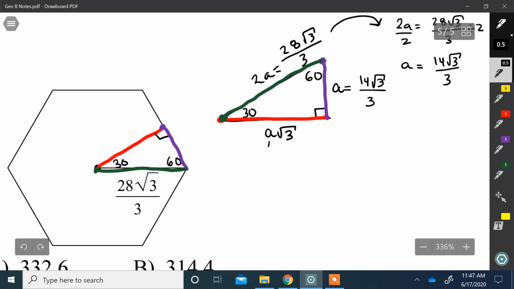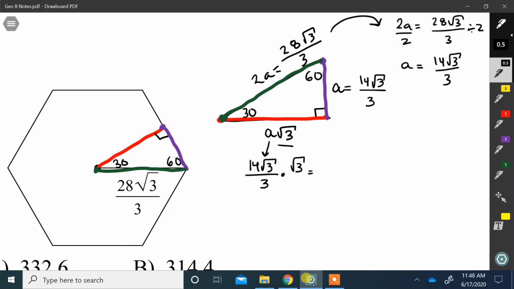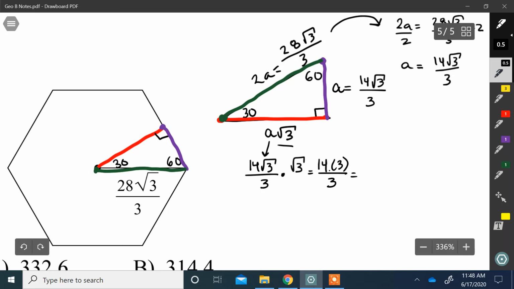The a here, we're going to replace it with 14 square root of 3 over 3 times square root of 3. Square root of 3 times the square root of 3 is 3. This and this cancel, and we get 14 there.